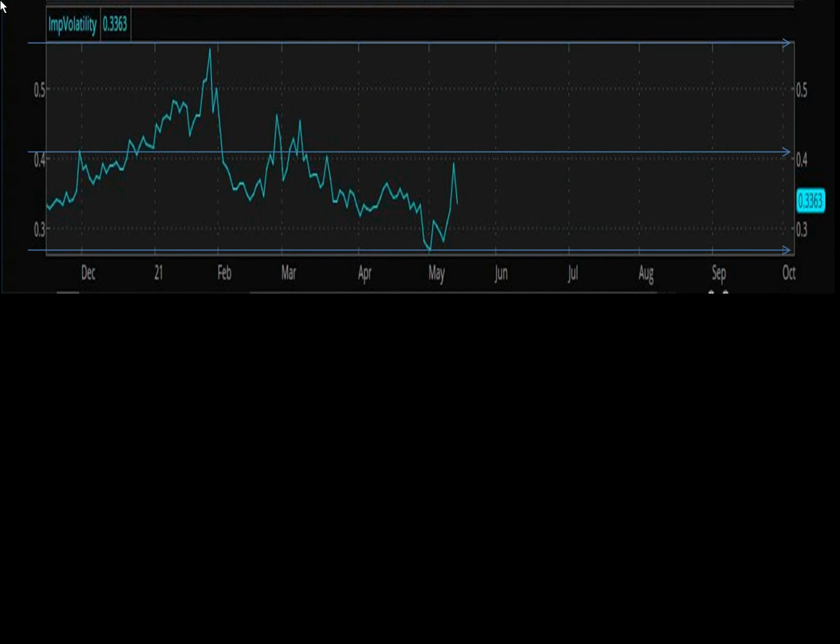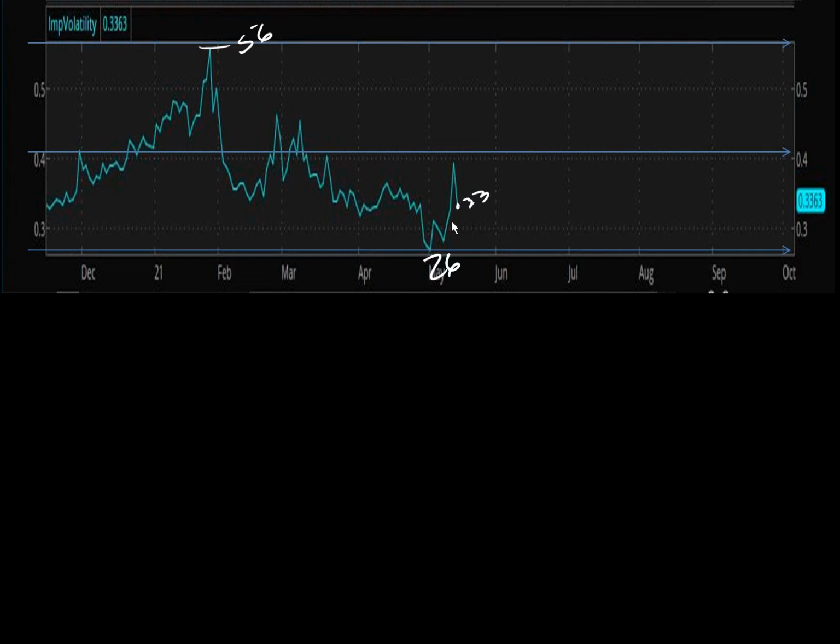So what we could do is pull this out. It gives us a little bit better when you zoom in on it. And let's just call this 56 as the high, and let's call this down here at the low 26. And currently we're going to call this right around 33.